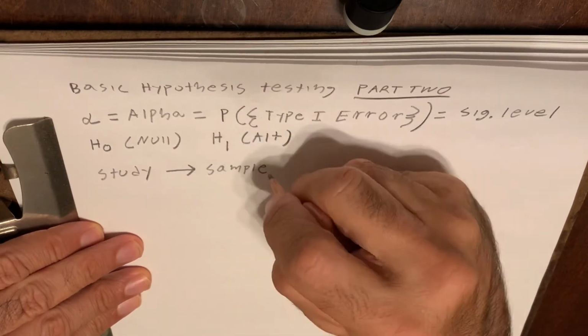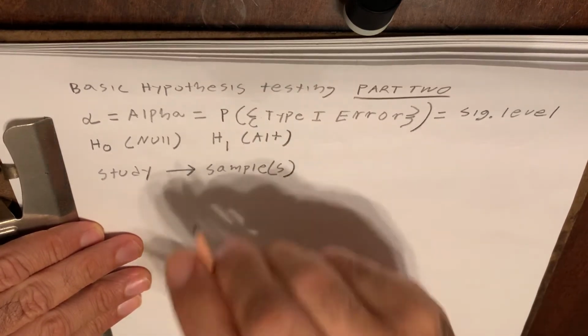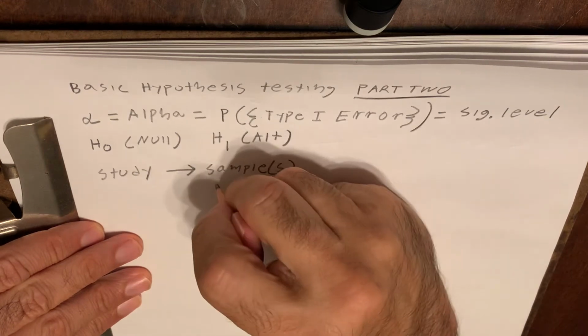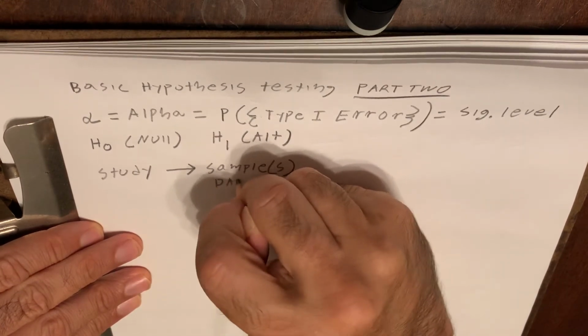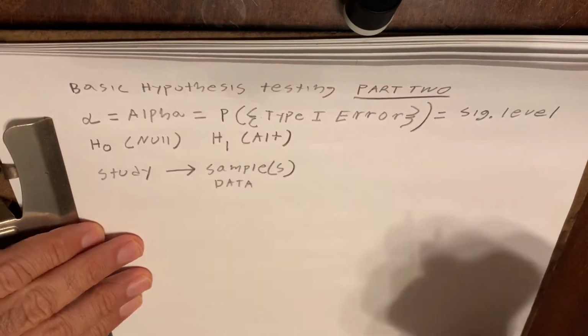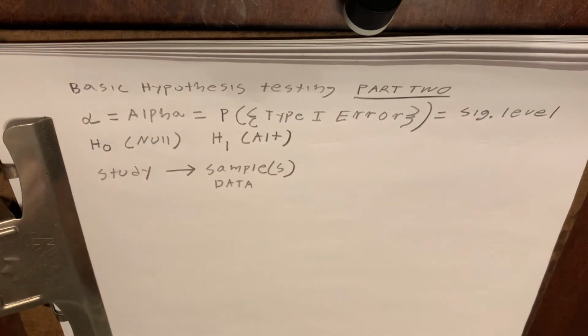And there may be more than one sample. And in general, we can call these samples data. And we're basically going to do the mathematical analog of a trial.